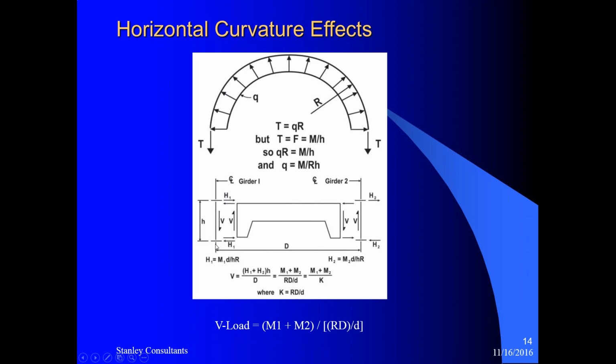On the contrary, the bottom flange will experience tension, so there has to be a force H1 equal to the top flange reaction, pushing it out away from the center of the circle.